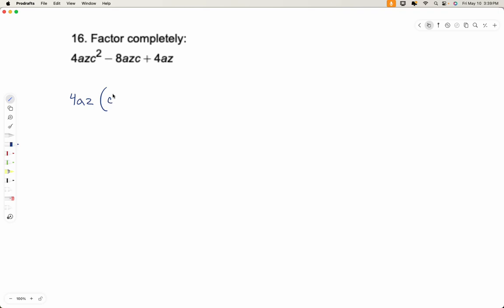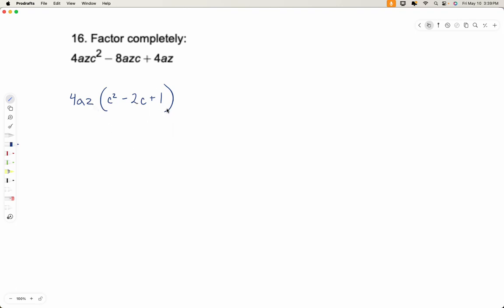And when I divide this by 4 and take AZ out, I just get minus 2C. And then when I take 4AZ out of this, all that's left is a positive 1, because 1 times 4AZ is 4AZ.